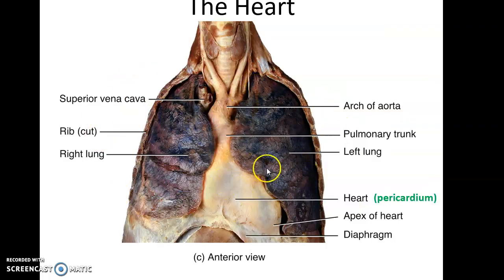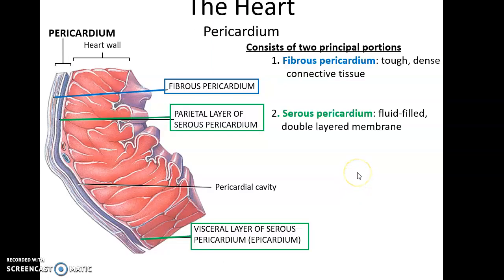Here's another view of the thoracic cavity. Here's the heart. However, we can't see the heart because this is a picture of the heart within the pericardium, within that serous membrane. When we look at the pericardium, that bag that surrounds the heart, we see that it has a thick, dense connective tissue structure that's opaque, called the fibrous pericardium.